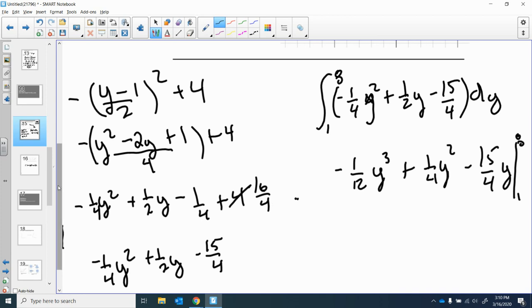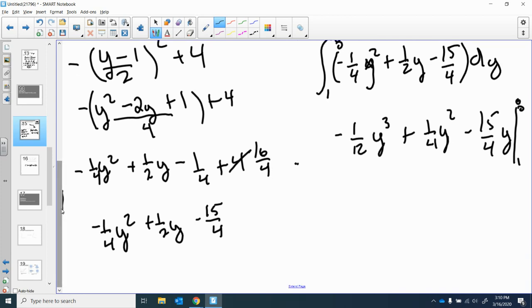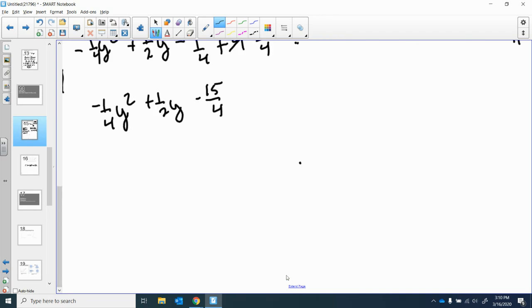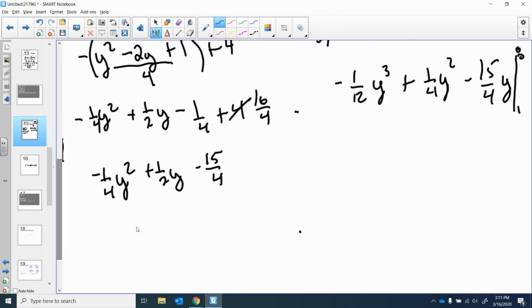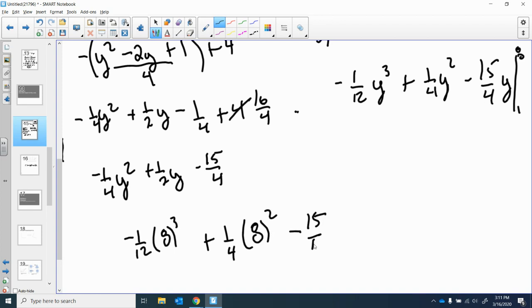Once we've done this, it's just getting into the arithmetic side of things. I'm going to plug the 8 and plug the 1 in. I'll show you what that looks like, but we'll just leave it in unsimplified form there. So I'm going to do negative 1/12 times 8 cubed plus 1/4 times 8 squared plus 15/4 times 8, minus, hard brackets right here.